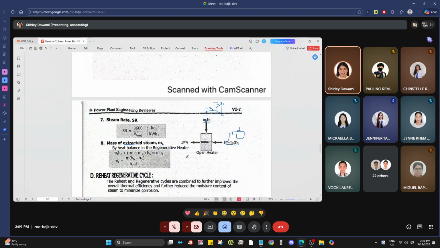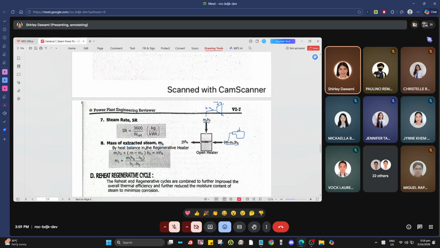Gets ninyo? No? So, katong ni gawa sa open heater is the combination of extracted steam, no? O katong extracted steam, ang steam plus steam minus the bled steam.